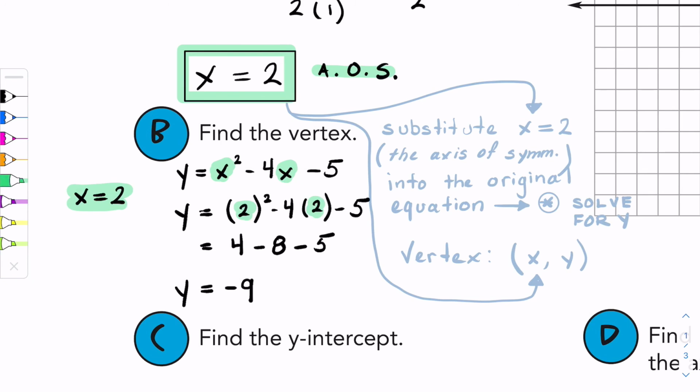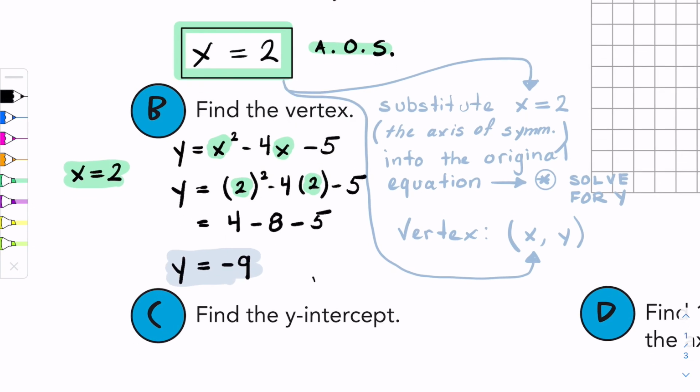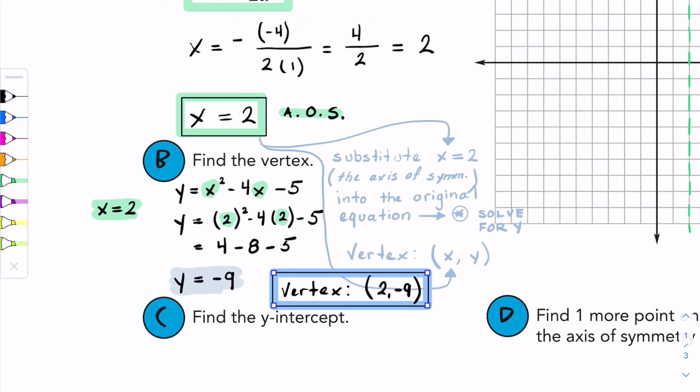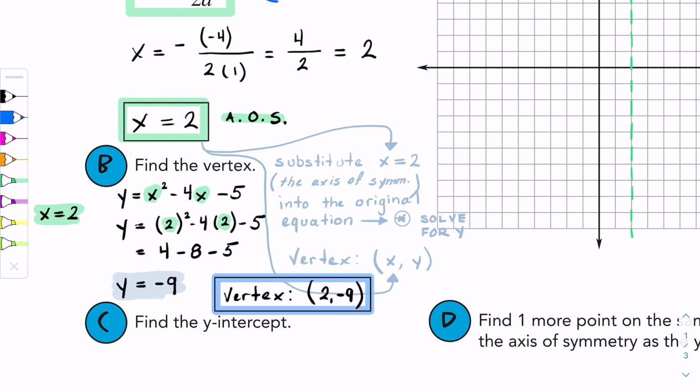Okay, if x equals 2 and y is equal to negative 9, I can write my vertex as an ordered pair, which is (2, negative 9). I'm going to plot this point on the graph in blue.